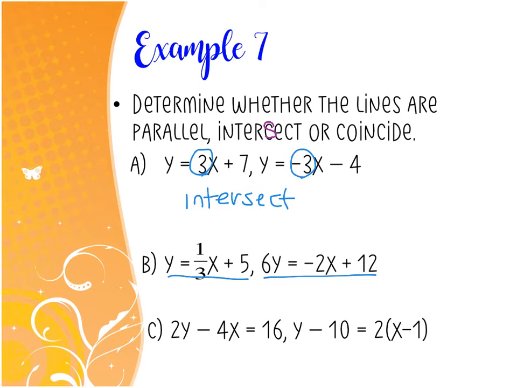So the first thing you have to do is divide each of these by 6. And I'd get y equals negative 2/6, which is negative 1/3, and then 12 divided by 6, which is a positive 2. Now I want to look at their slopes. This is a positive 1/3. This is a negative 1/3, which means they are different. They could not be parallel or coinciding, and these are intersecting.